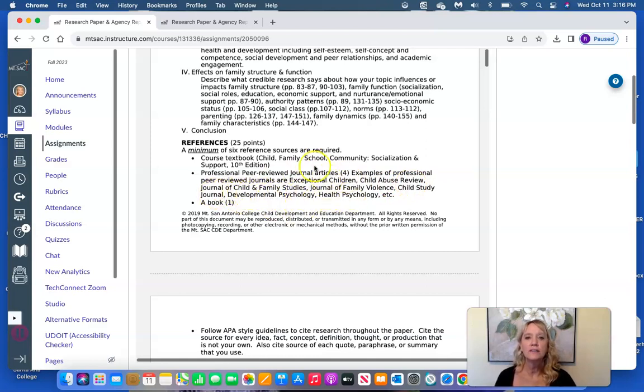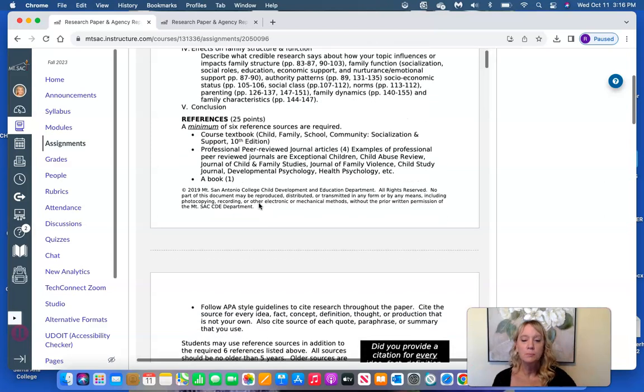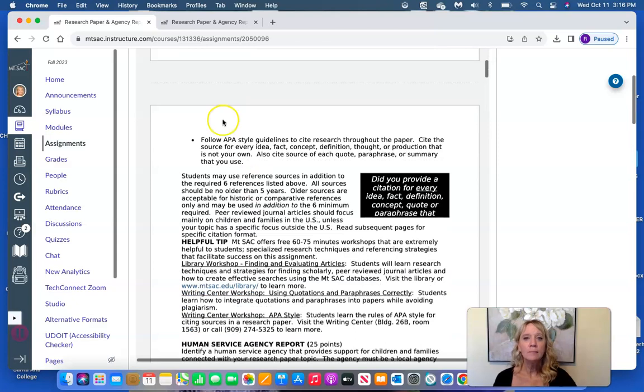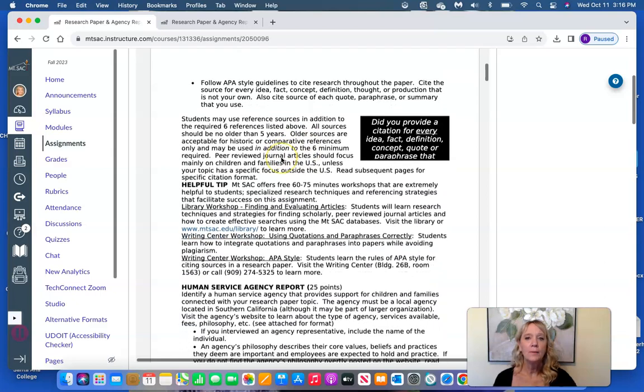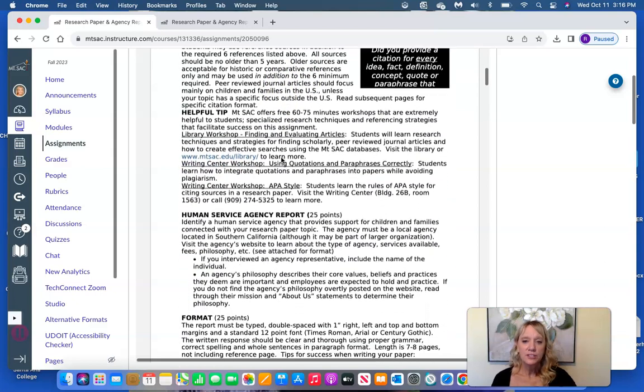All of these will be reviewed when you do the library workshop, okay? And then also you can use a book, anything with children, families, any type of published book. Make sure to follow APA guidelines. And what APA guidelines are, I'm going to show you.